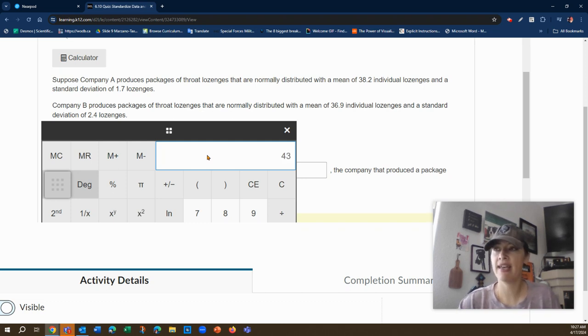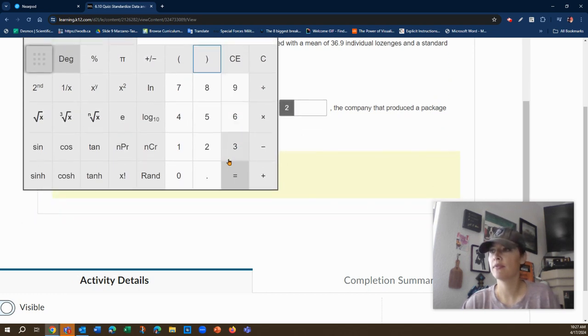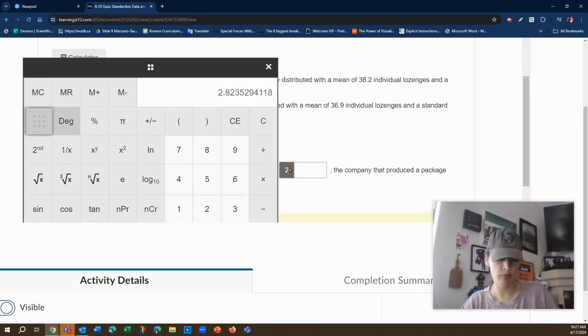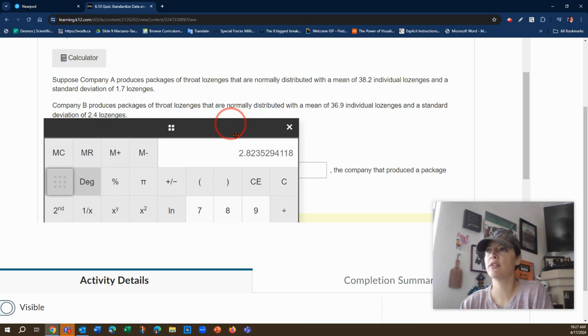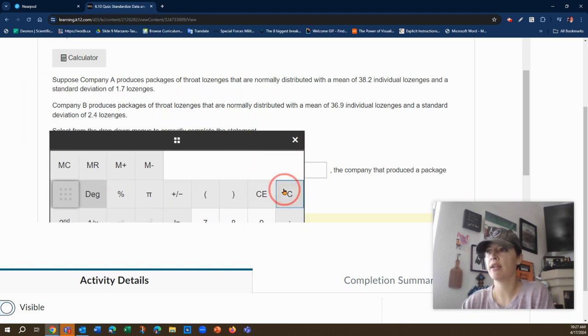Okay, so we have, hold on. I want to use parentheses. We have (43 minus 38.2) divided by 1.7. It equals 2.82. So we'll write that down. 2.82. That's for A, right? I used the values from A. Okay, clear.